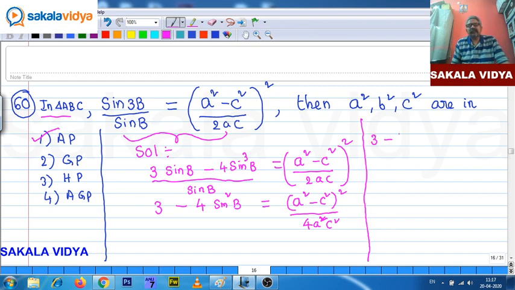3 minus, now let us change sine square b in terms of cos, because we need to write in terms of a square, b square, c square only. It will be possible with the cosine rule only. So sine square b we can write as 1 minus cos square b, whose value equals a square minus c square whole square upon 4a square c square.